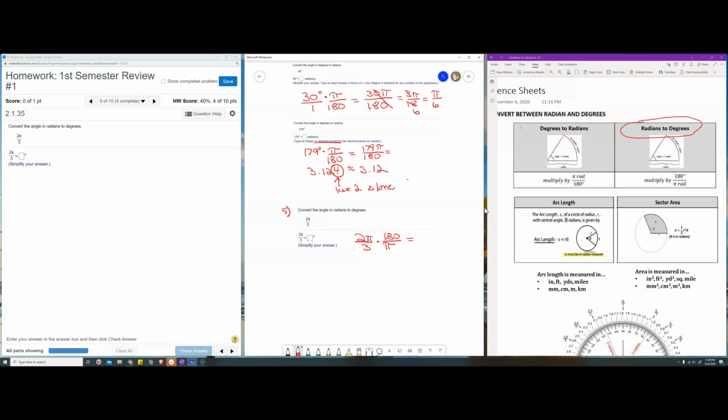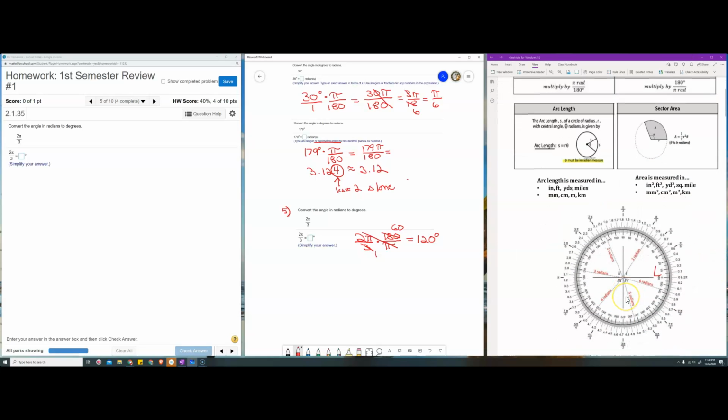Right? So these pi's will cancel. I can do some reducing with 3. 3 goes into 180 60 times. So 2 times 60 is 120 degrees. And I can see on my chart here, there's 2 pi over 3, and there's 120 degrees.